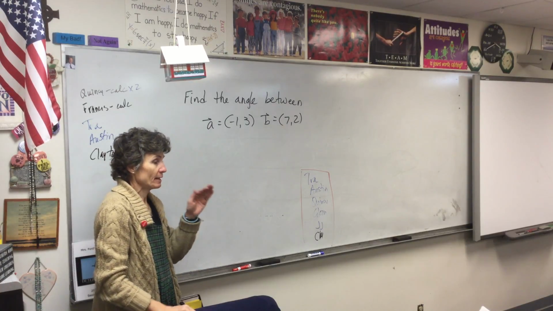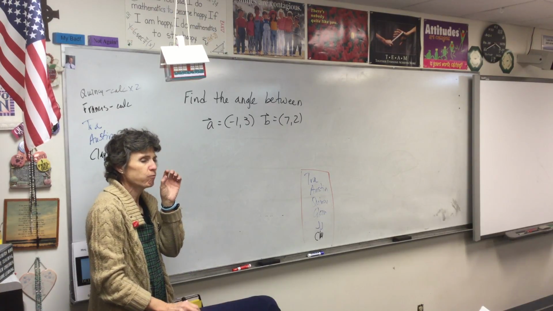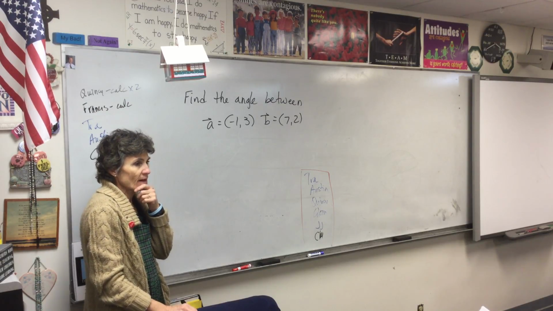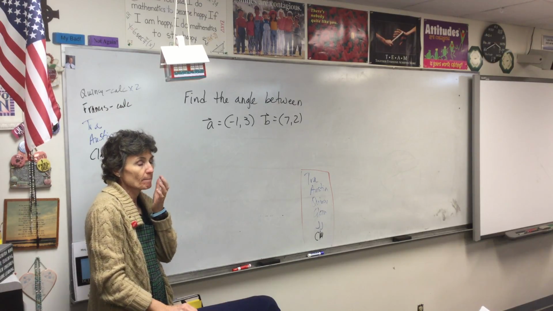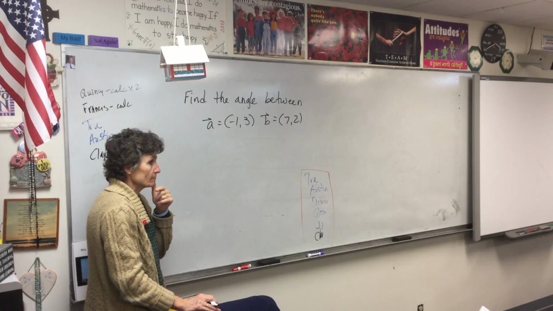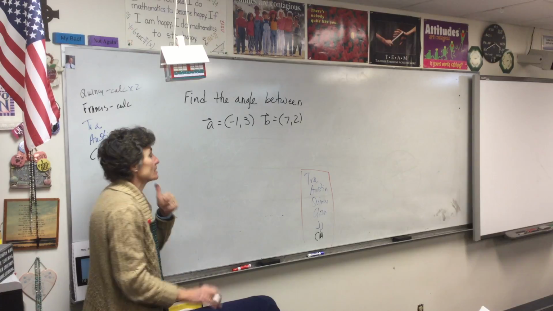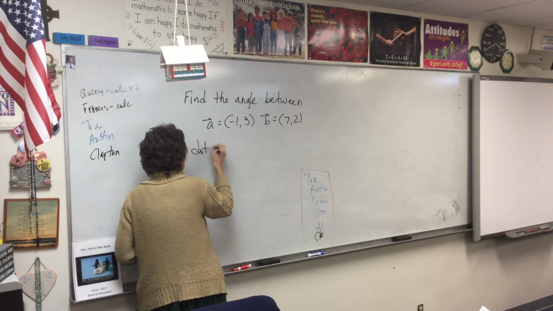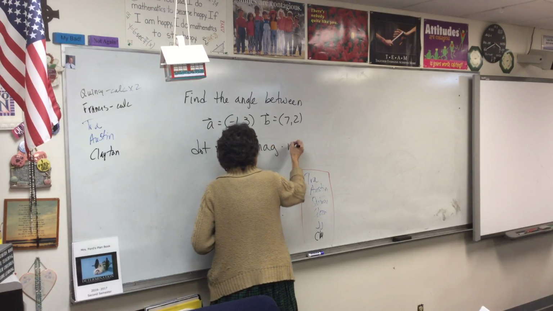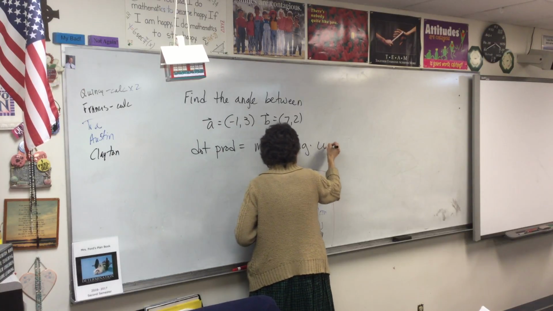Does anybody remember the little formula I gave you that we use to find the angle between two vectors? Dot product equals magnitude times cosine.